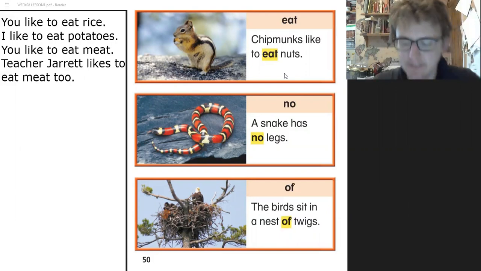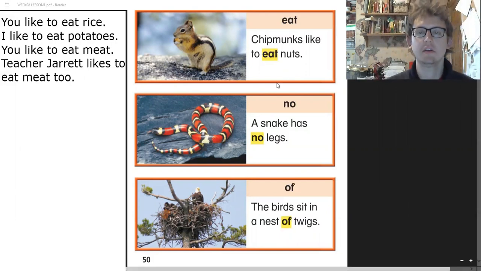Very good. So no means that it doesn't exist, okay? A snake has no legs, right? There's no legs on the snake. See that?